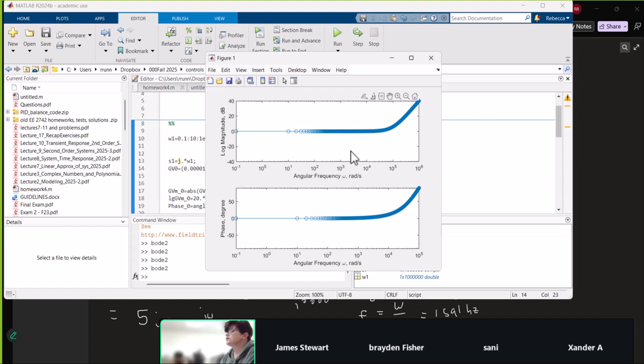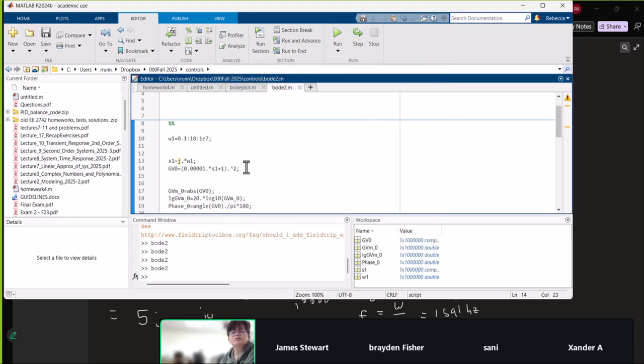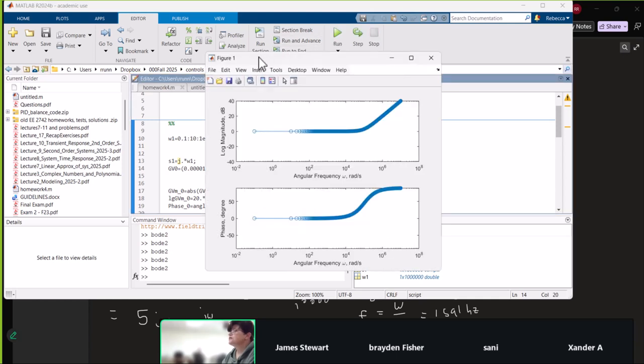I don't know if you can tell, but the slope doubles. It now goes from 0 to 40 over 1 power of 10, and before it went from 0 to 20 over 1 power of 10. So when I squared it, the slope doubled.